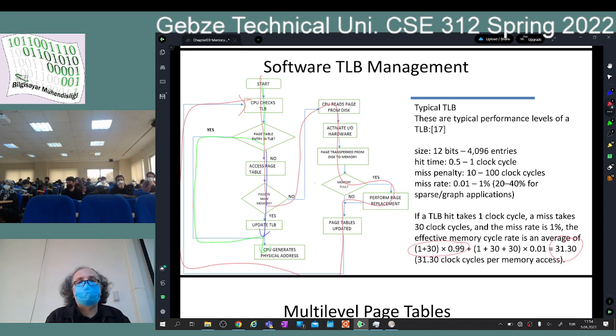So this is worth doing. Of course, it all depends on this number: my miss rate is very, very low. That should be satisfied by the principle of locality of reference. Also, it is satisfied by very smart compilers and smart programmers.